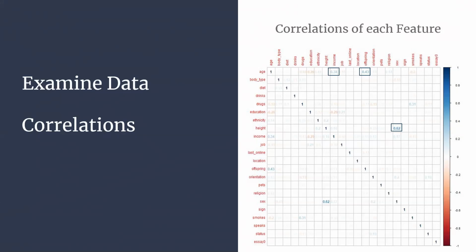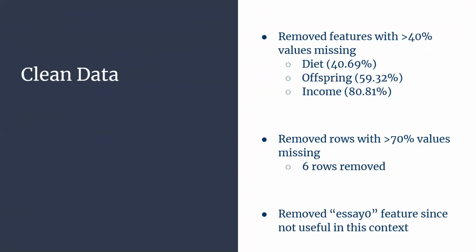But to continue on that as well, we decided that we needed to clean up this data so that we could understand it further. Now, this data set had a lot of missing components. We ran a small piece of code that identifies which features had a large number of missing values. As you may see, we have income, which has almost 80%, and then offspring, which is about 60%.